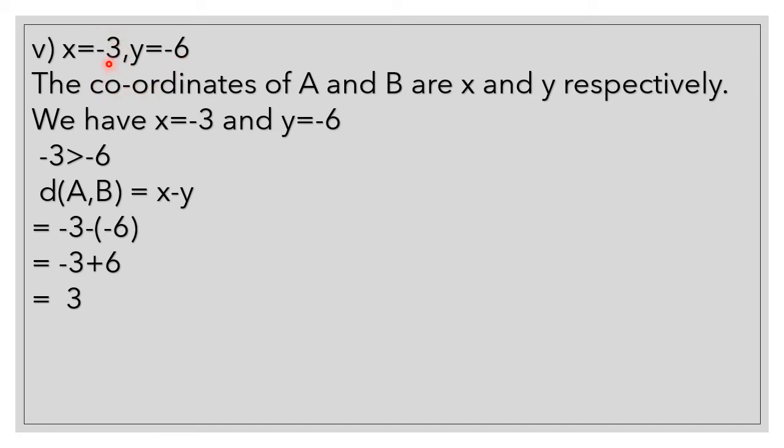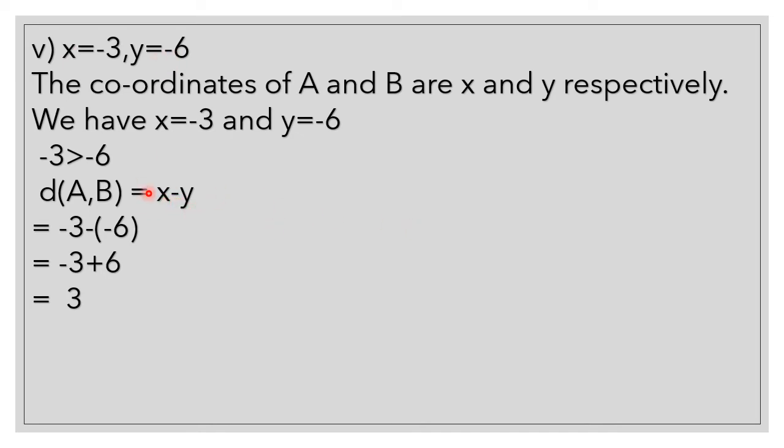If we compare this minus 3 and minus 6, at that time minus 3 is greater than minus 6, that we have written here. So the distance between the point A and B is equal to x minus y. Now here, as this x is greater than y, hence we have written x minus y.